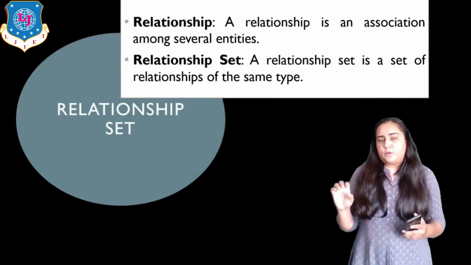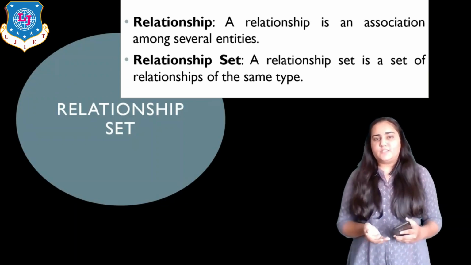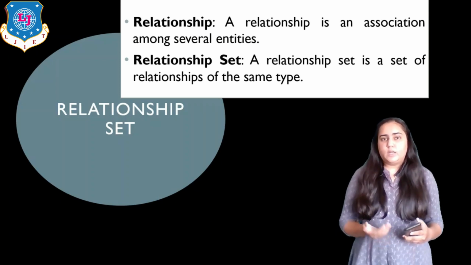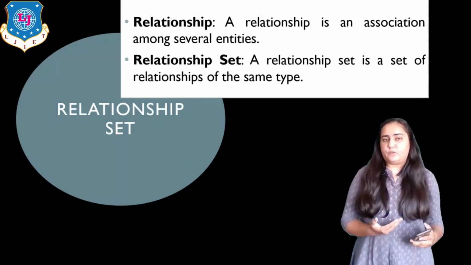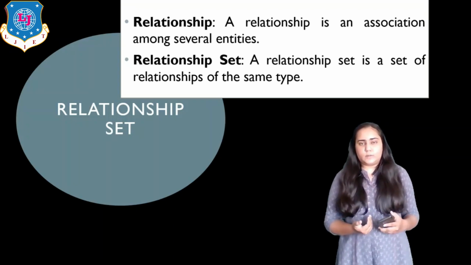Now the R, which is present in the ER model, stands for a relationship set. What is a relationship set? A relationship, first of all, is an association between several entities.